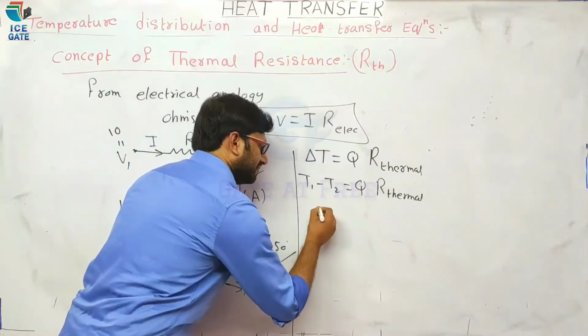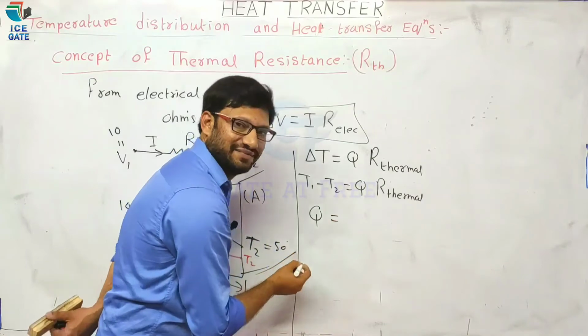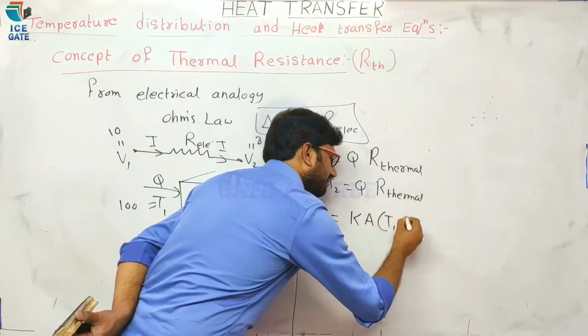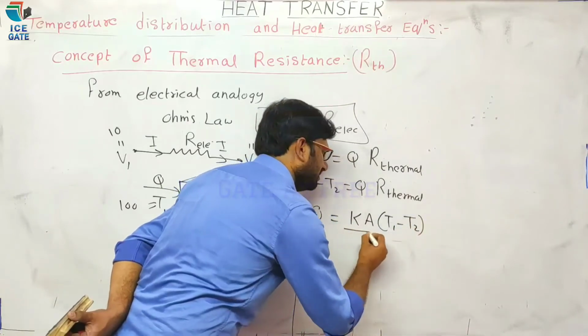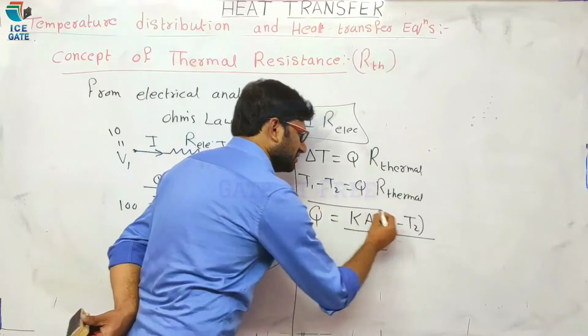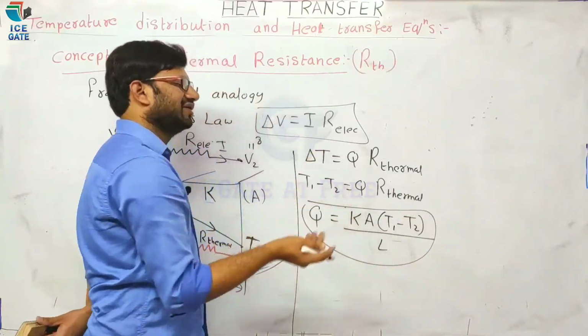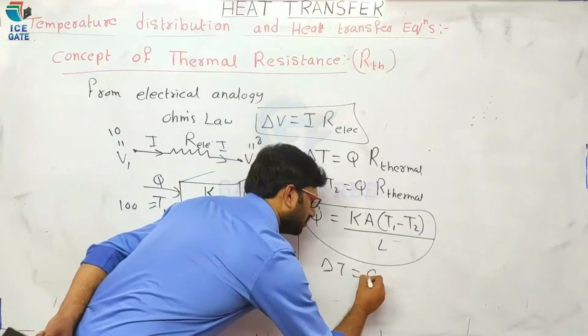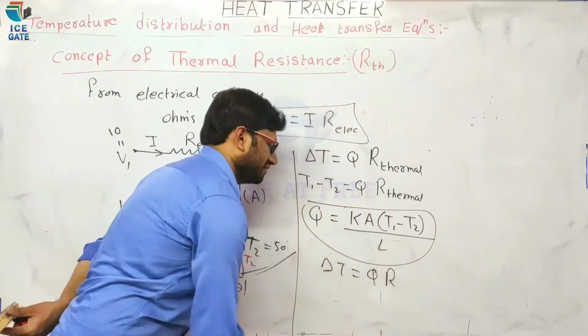Previously we have seen the heat transfer equation for a plane slab is Q is equal to K A (T1 minus T2) divided by L. Now write down this equation in the form of delta T equal to QR. What is delta T here?